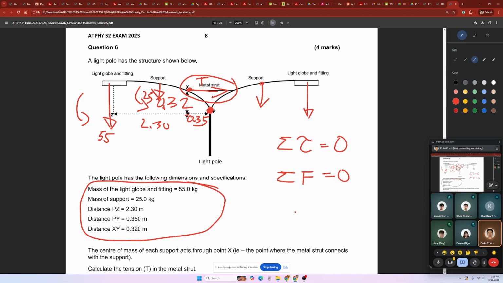So everything that's up is going to be equal to something that's down. Everything that's to the right is going to be equal to something to the left, so that all of them equal 0, okay? And the sum of the forces is a little more than just the torque and the moments.